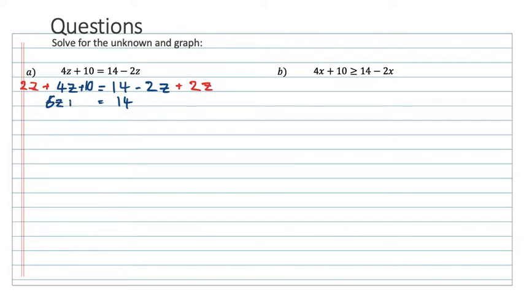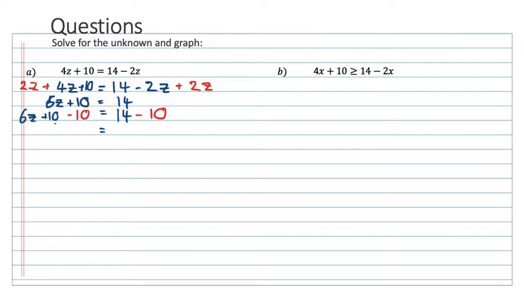6z plus 10. Now, I want to isolate the z on the left, so I'm going to get rid of this constant of 10. To do that, I'm going to take 10 from both sides. So we'll say negative 10, plus 10, 6z, 14, take 10.